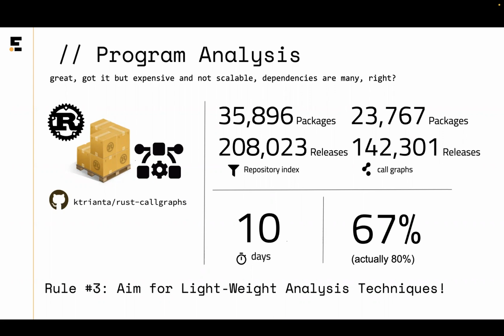What is more important here is that we were able to build all those releases in 10 days. This shows that it's possible to easily create call graphs, index them, and reuse them for program analysis purposes within reasonable time.